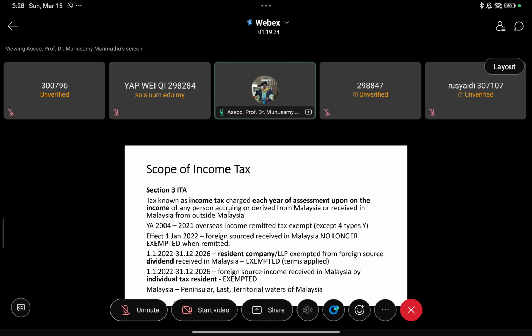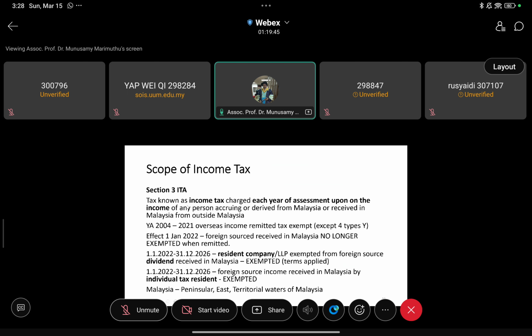So accrued or derived from Malaysia. This is for Malaysian income, or received from outside Malaysia. So you may still receive income from outside Malaysia, and for this part, received in Malaysia from outside Malaysia, there are changes.